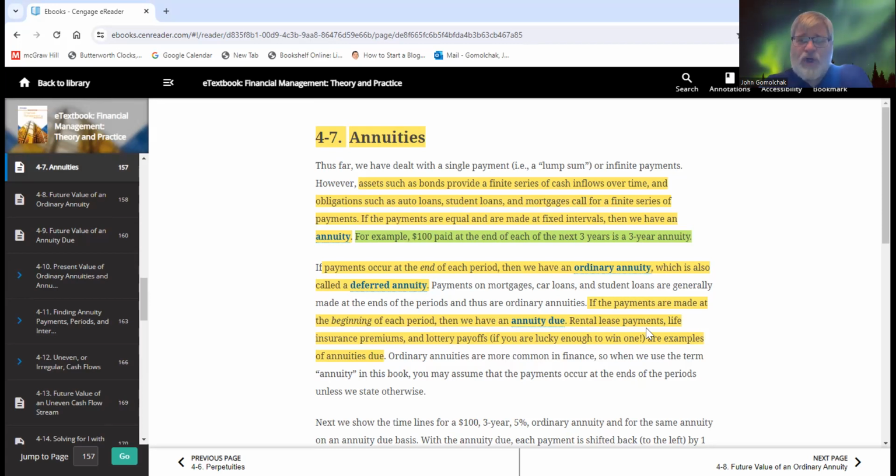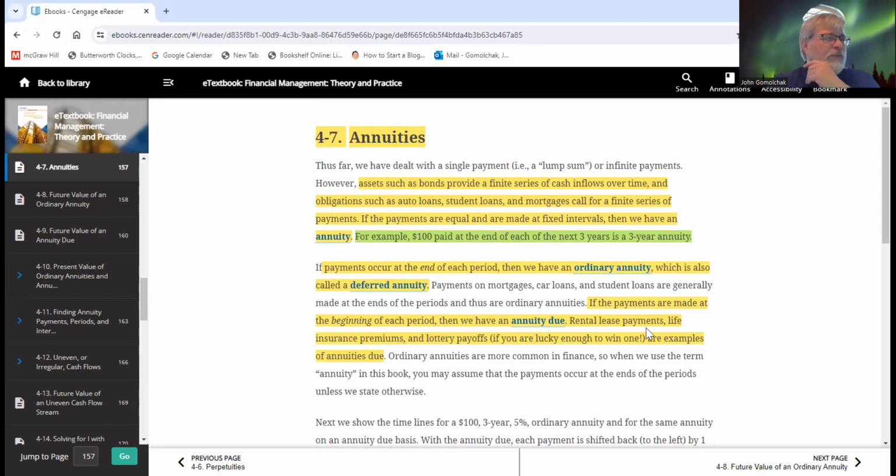We know how long the annuity is going to last, 5 years, 10 years, whatever. And we're just going to have to know what our interest rate is going to be, okay? Assets such as bonds provide a finite series of cash inflows over time, and obligations such as auto loans, student loans, and mortgages call for a finite series of payments.